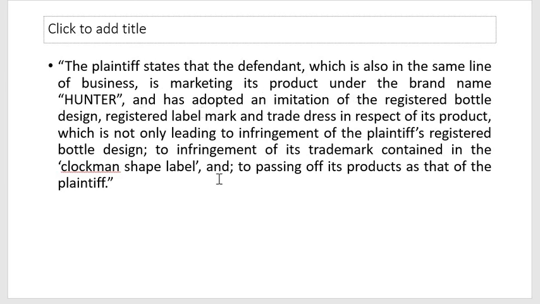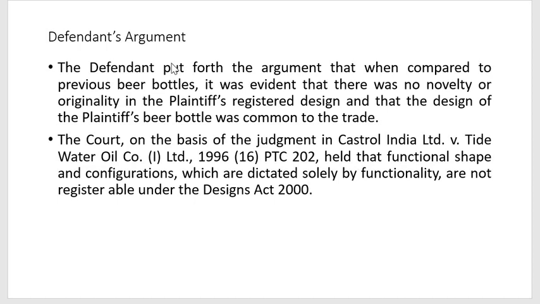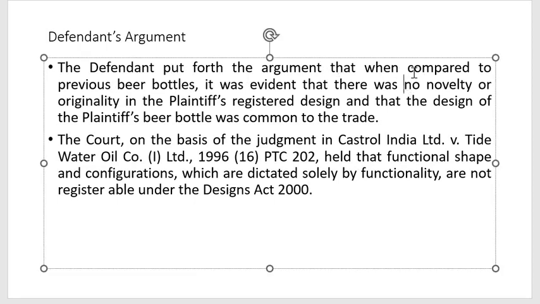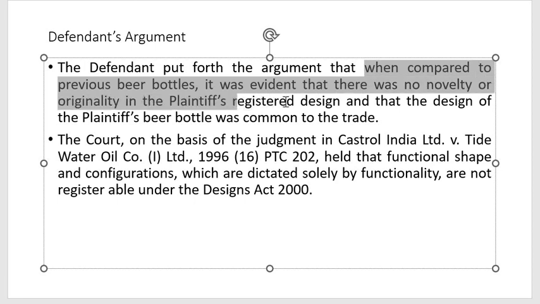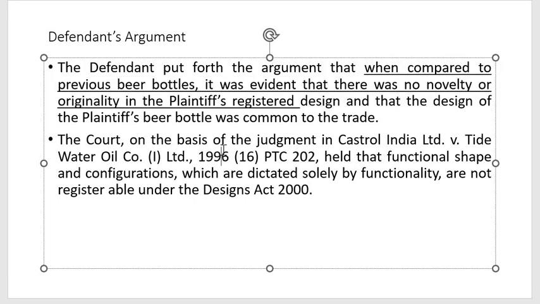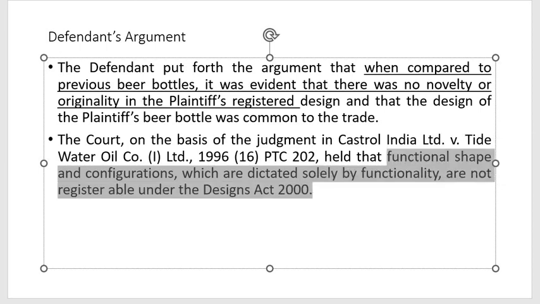The plaintiff says it's an imitation. The defendant said that when compared to previous bottles, there was no novelty or originality in the registered design. Yes, we can see that also. The court also relied on the Castrol judgment that functional shape and configuration dictated solely by functionality are not registrable, obviously.